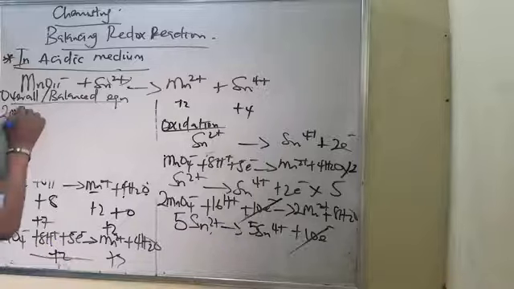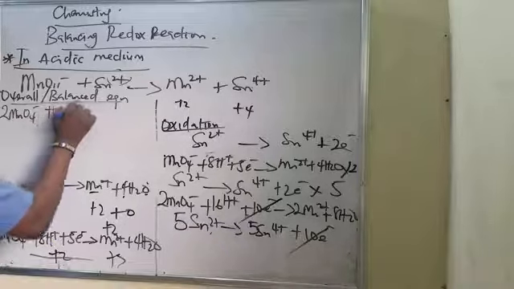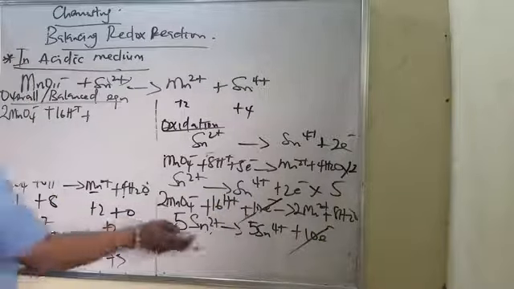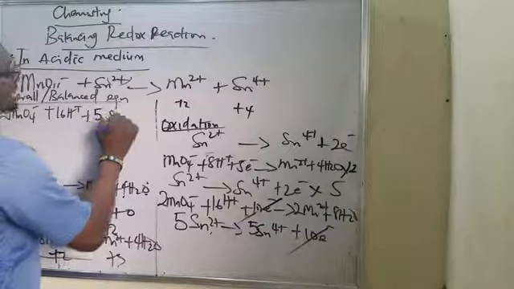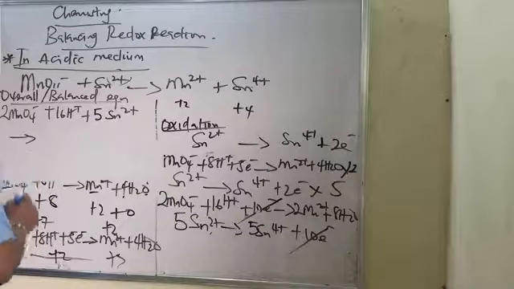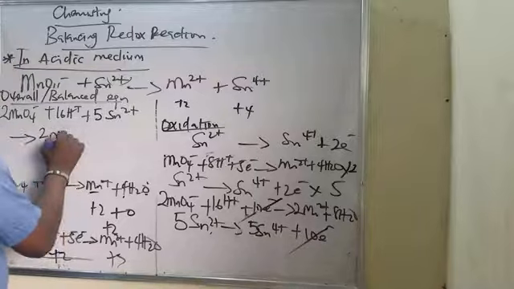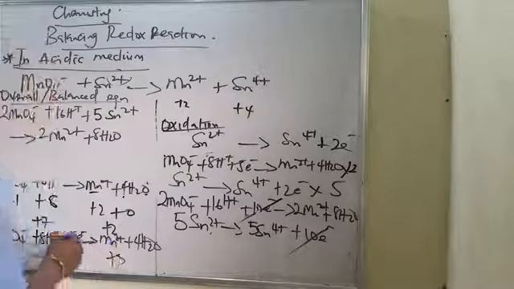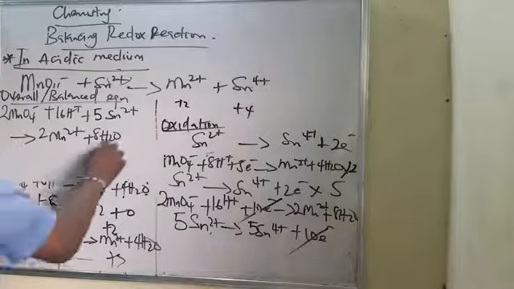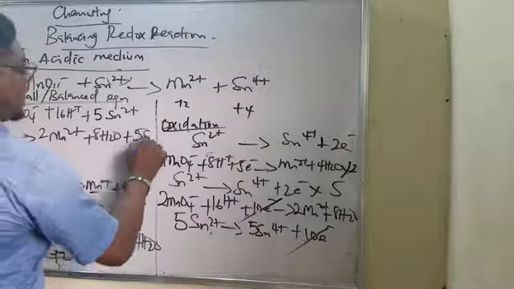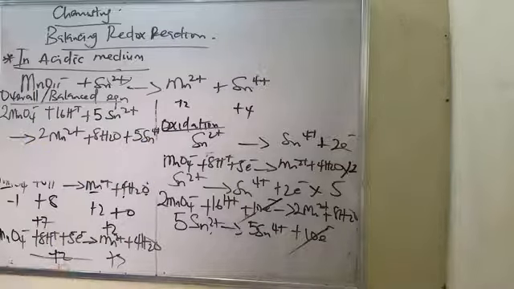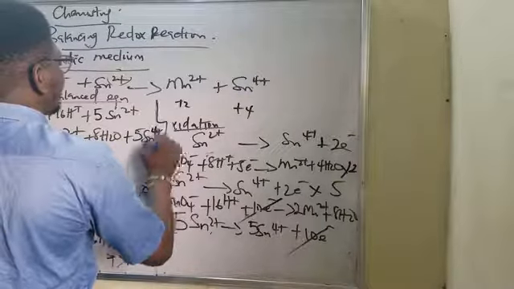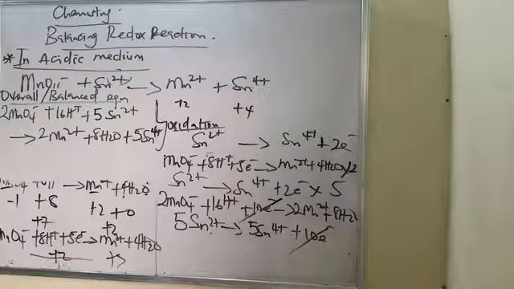becomes 2MnO4⁻ + 16H⁺, and the electrons are gone, so I move to the other reactant side of the equation, 5Sn²⁺, all giving me 2Mn²⁺ + 8H2O + 5Sn⁴⁺.